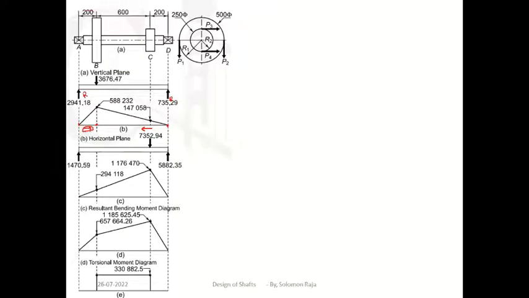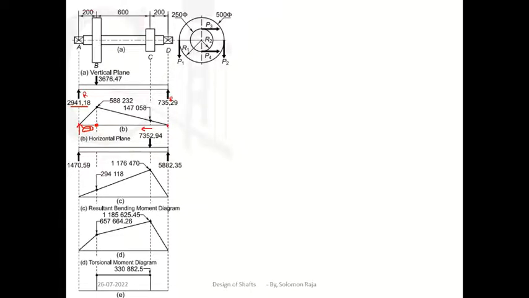I am taking from this side. About point B, only one force is acting, that is 2941.18. This reaction force is acting in clockwise direction, but it is coming from the left side, so I have to take that as positive only.